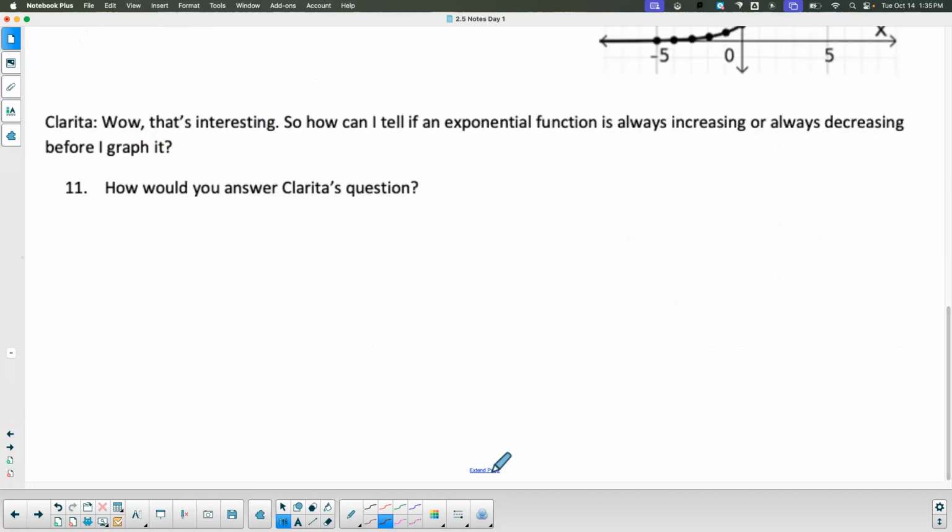Truthfully, you got to look at two things in order to answer question number 11. The first thing that you have to look at is the positivity or negativity of the exponent.